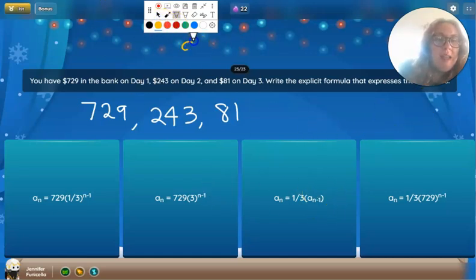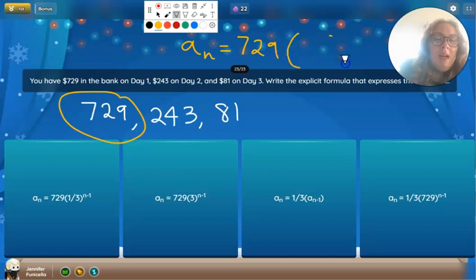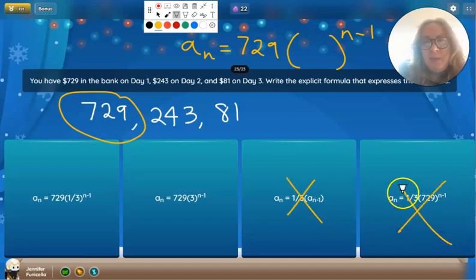So we have our a sub n is our first term, which is 729, times some ratio to the n minus 1. So already we know it can't be C or D because the first term, 729, has to be in the front. That's the same for both types of sequences.